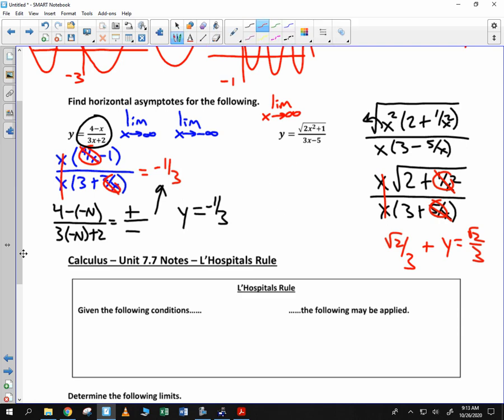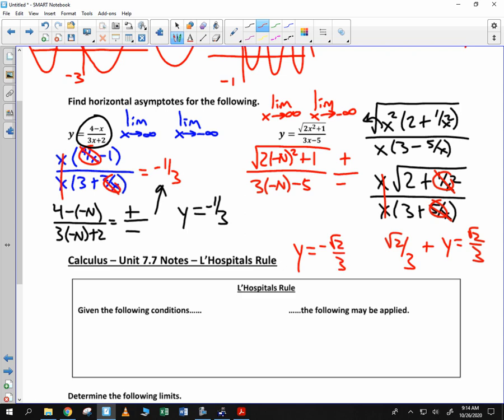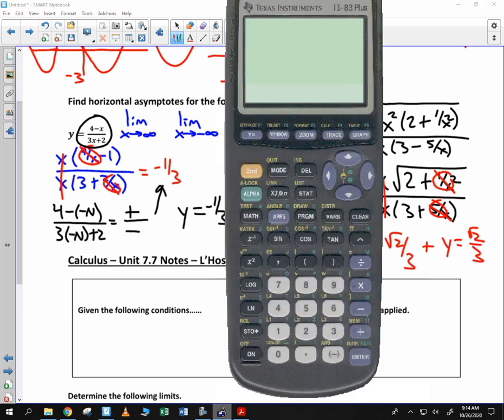However, if you tend towards negative infinity, watch what happens. The square root of 2 times a very large negative number squared plus 1, divided by 3 times a very large negative number minus 5. Hopefully you can see you get a positive on the top, but in the bottom, you end up with a negative. And so, therefore, y equals root of 2 over 3 is one of your horizontal asymptotes. Y equals negative root of 2 over 3 is one of your other horizontal asymptotes.